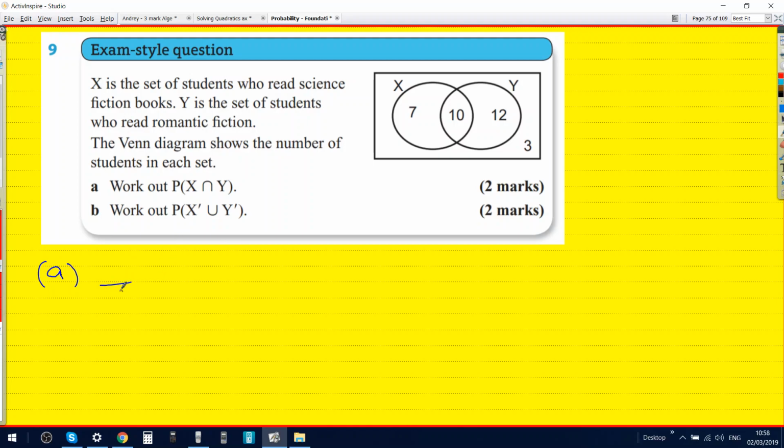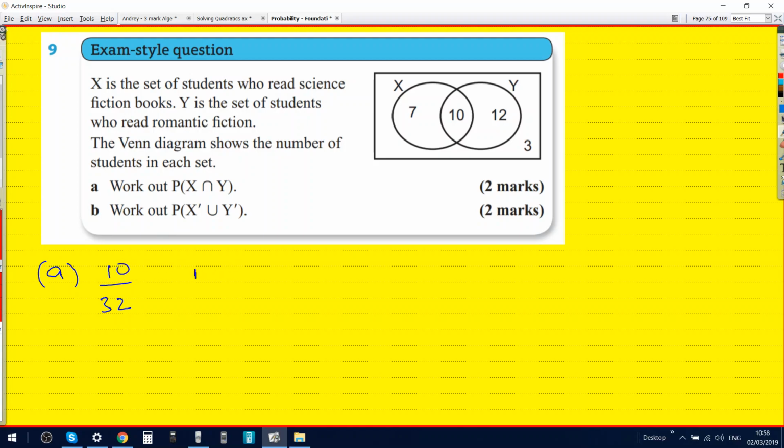What does that symbol in the middle mean? Both. So it'd be both X and Y. So wouldn't it be 7 and 10 and 12? That would be either X or Y. You're thinking of the wedding rings? The union? Oh, 10. Yeah, this is both, like fish and chips.